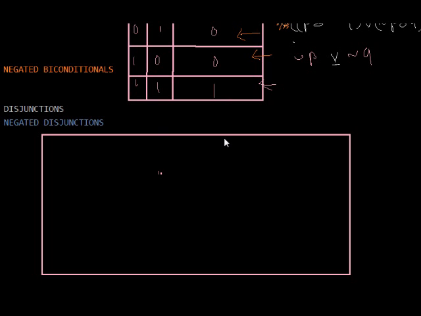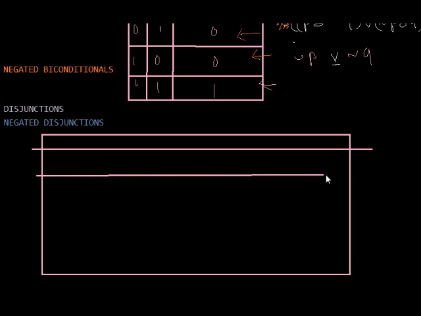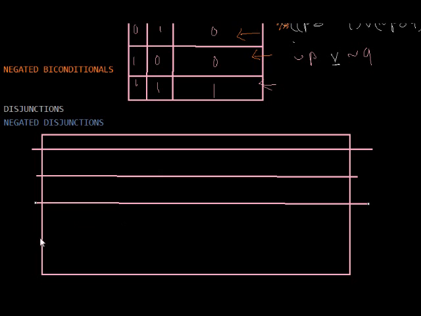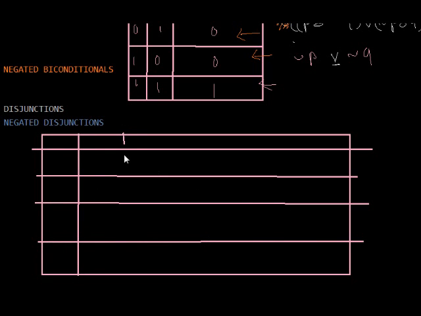MS Paint makes me cry sometimes. So let's look at our truth table for this. We'll have our top row with our propositions, and then since we have 2 atoms, we need 4 rows. And we have 2 atoms in 1 sentence, so 3 columns will do. And we have P, Q.